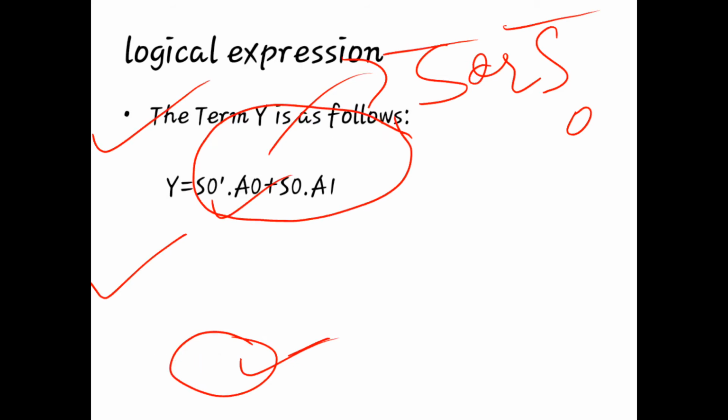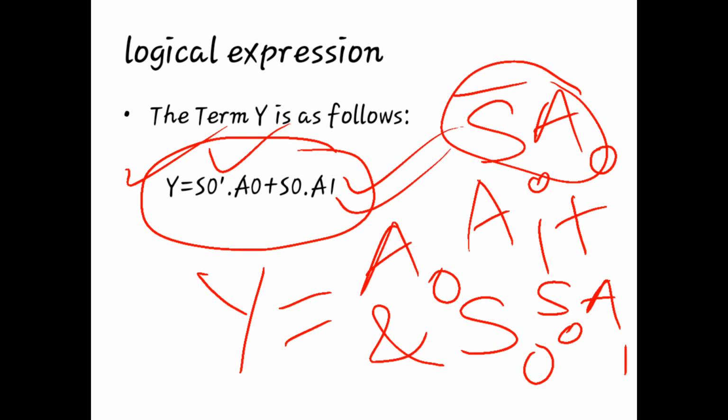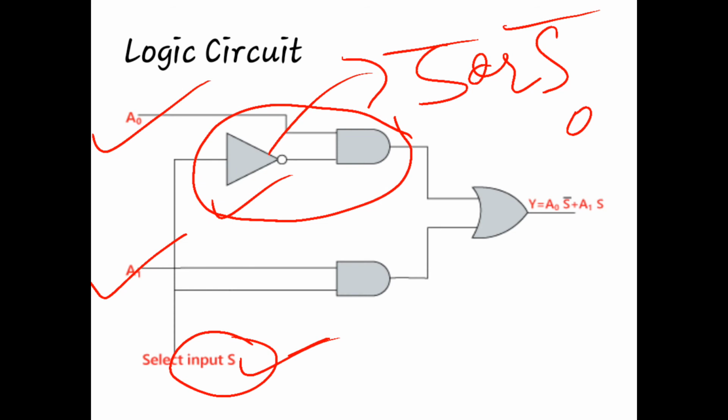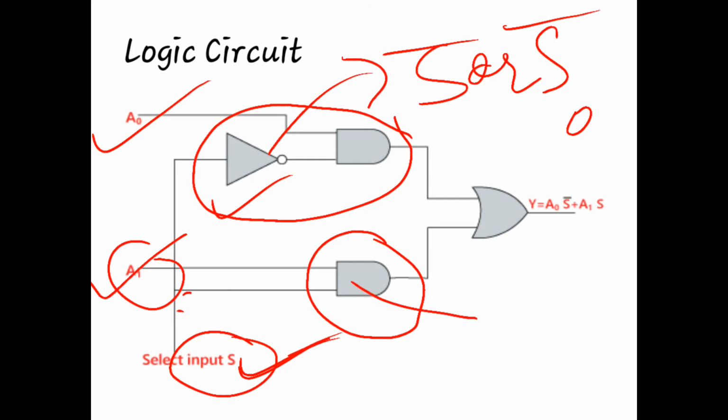Similarly, the second term is S A1. So S A1 is just implemented by inputting S and A1 to this AND gate.